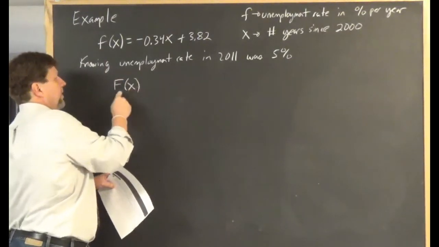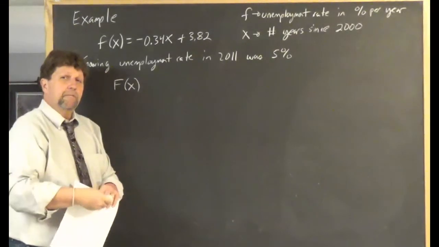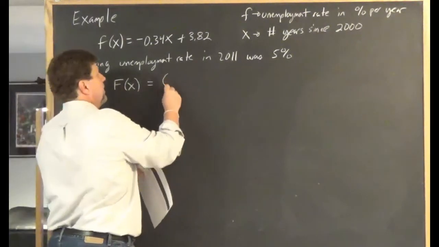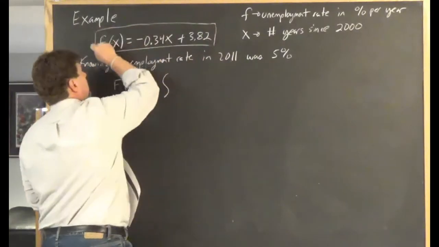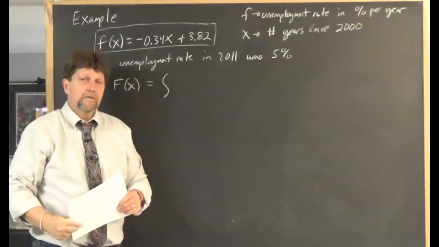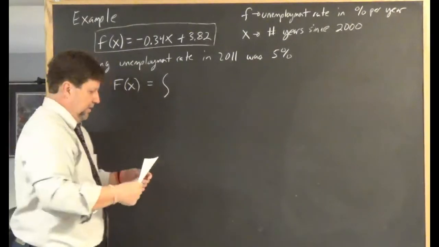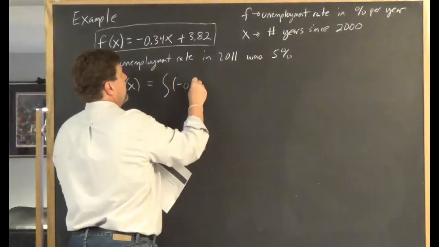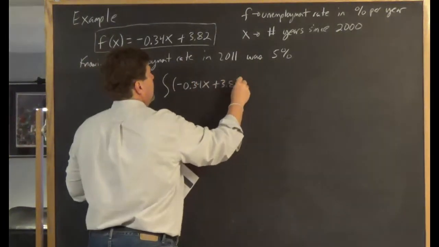To come up with the function, which I'm calling big F of x, that models the unemployment rate, we have to integrate the rate of change function. So we have to integrate little f of x. We have to integrate negative 0.34x plus 3.82.